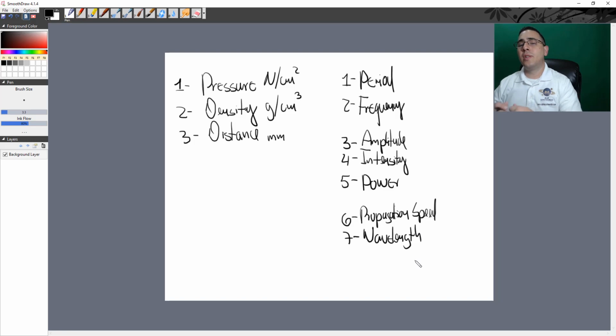So now pay attention and take notes. What we're going to do right now is just discuss this one more time, saying which one is adjustable or not, and which one depends on the sound source, on the medium, or on both at the same time. So we're going to begin with the period. Remember, period is the time for a cycle.